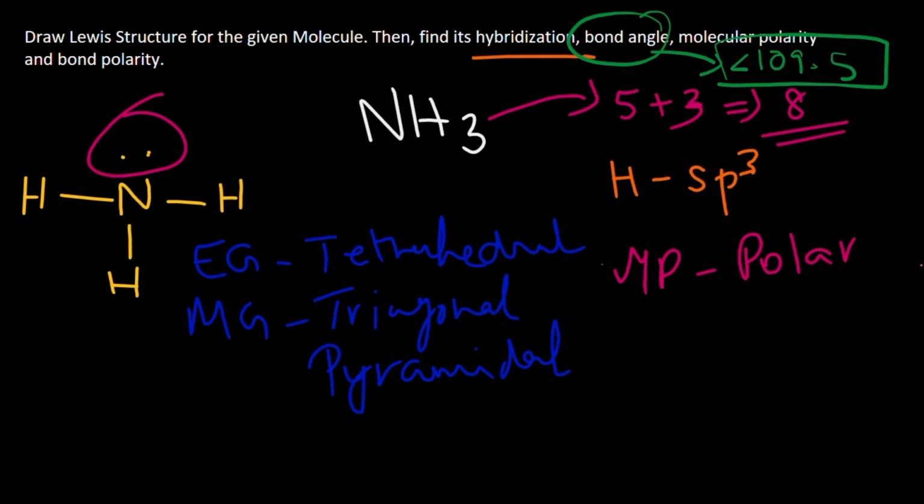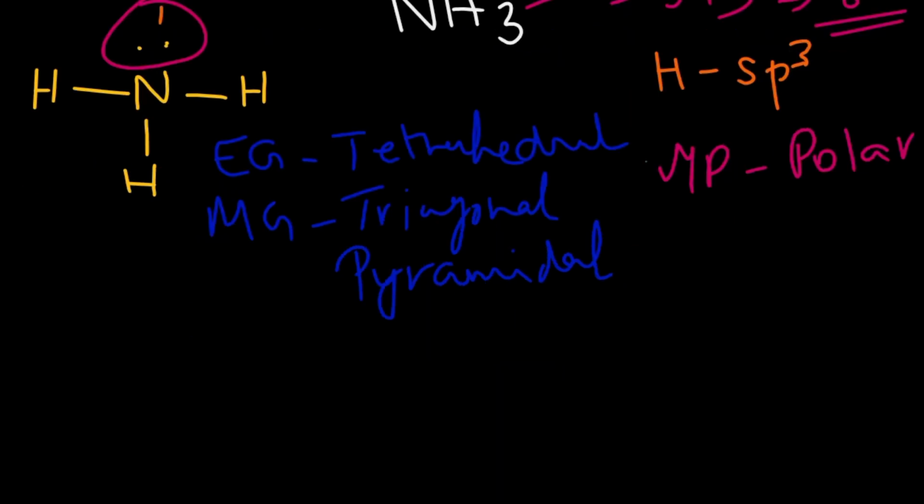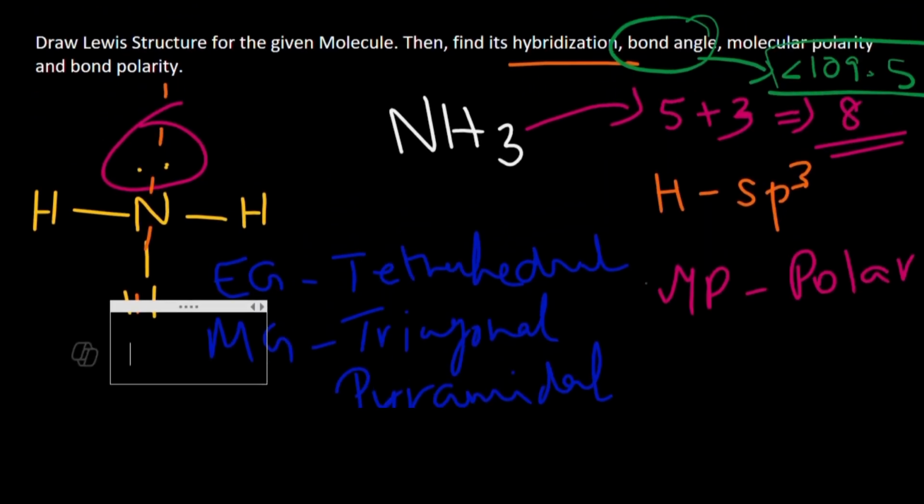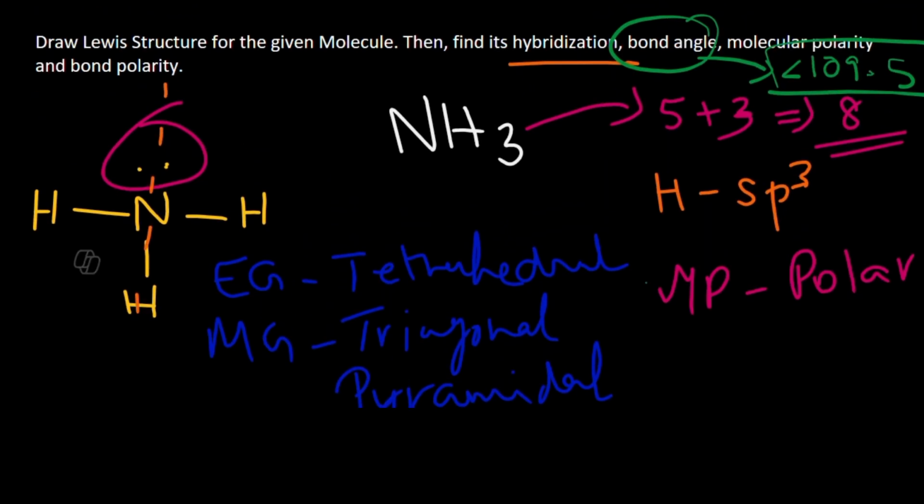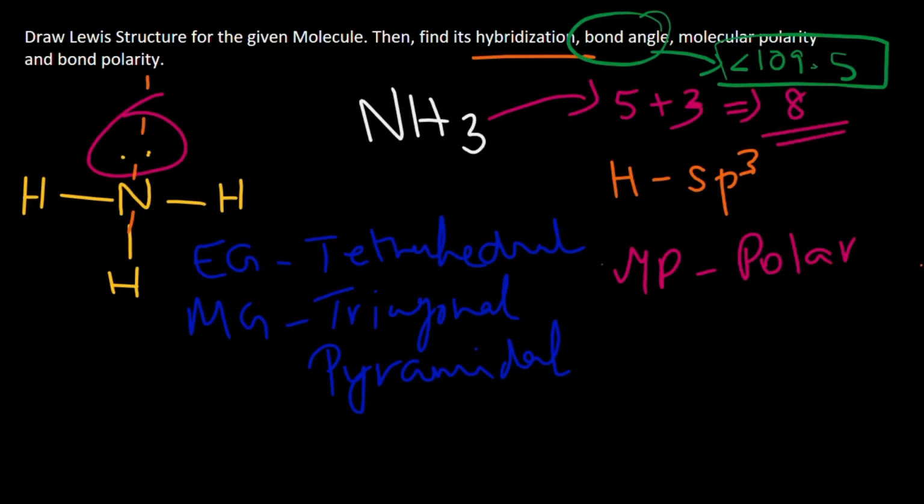So even if you look for the symmetry, notice that this is not similar to this one because we have a lone pair right here. So even if you look for symmetry, they are not symmetrical because of the lone pair that they have. So molecular polarity is going to be polar.